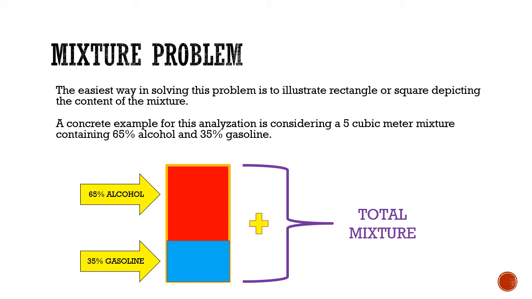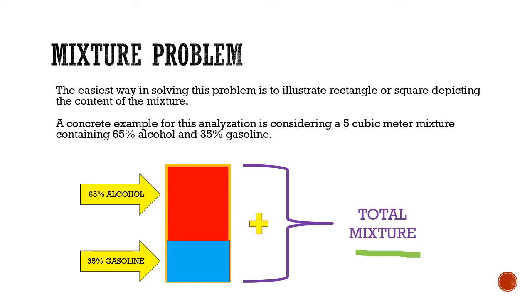And yung blue rectangle is the gasoline, which is 35%. So, pag pinagsama natin to, it would be the so-called total mixture, na kung saan pagsasamahin or kaya man ibabawas natin. It is based on the example.